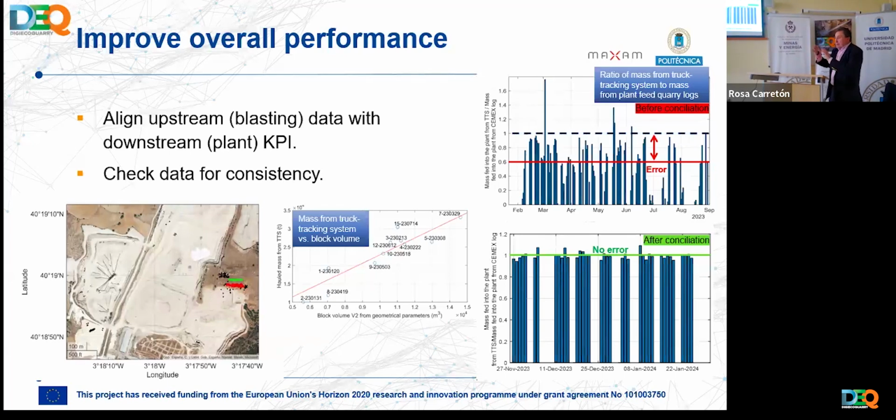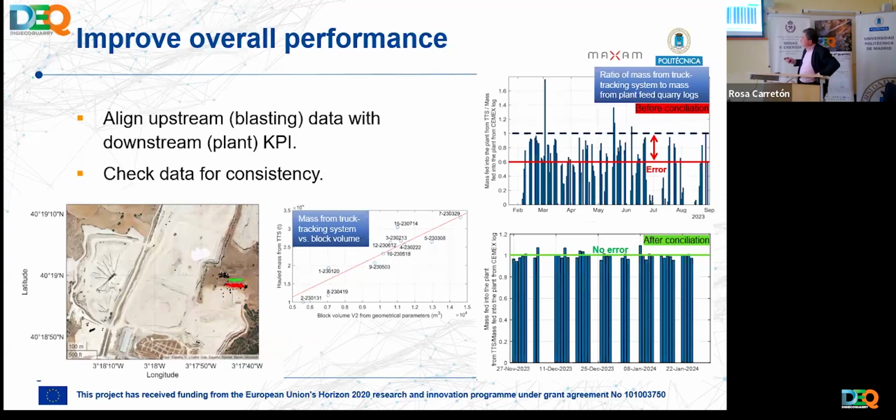and looking at data that the quarry was providing us from the plant, from their normal procedure, and of course they know how much material they are feeding, and we were comparing that material from the quarry data, from the plant data, with this truck tracking system.